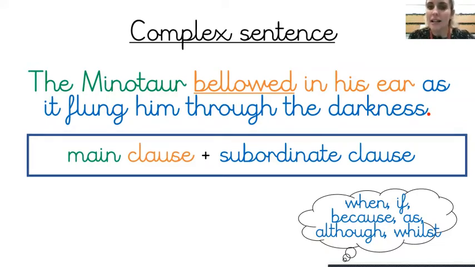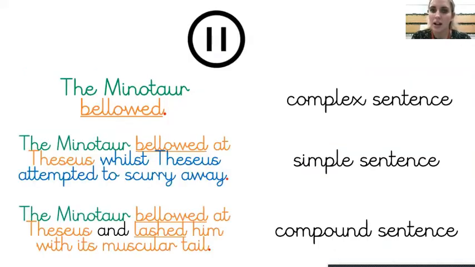So there are our three types of sentences. If you need to pause the video now and rewind to remind yourself what each of those sentences mean and how they are made up, then please do that now. Super. Okay, we're going to pause now and check that we understand these different types of sentences before we write our own.